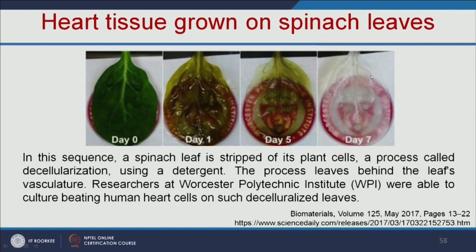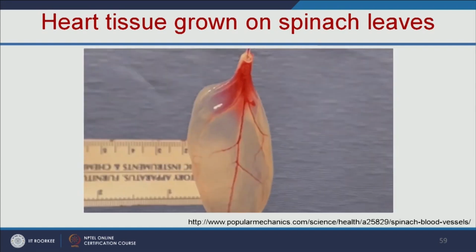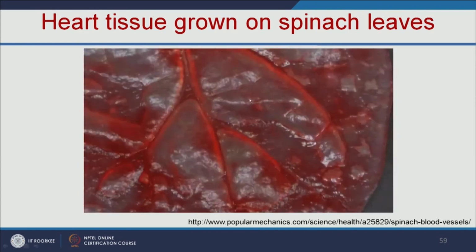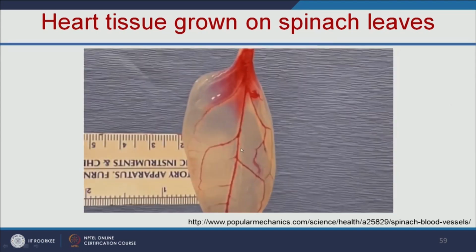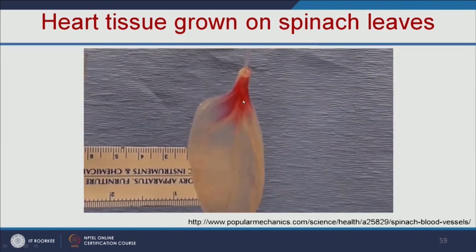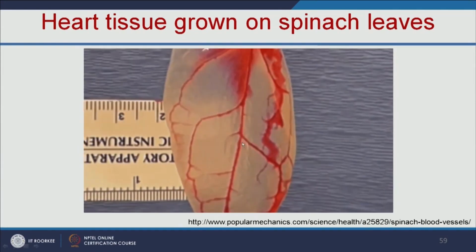So, the scientists have used this as a scaffold and they grew beating human heart cells on the decellularized leaves. You can see in this animation that this plant leaf vasculature acts like your blood vessels for growing the heart cells on this leaf scaffold.